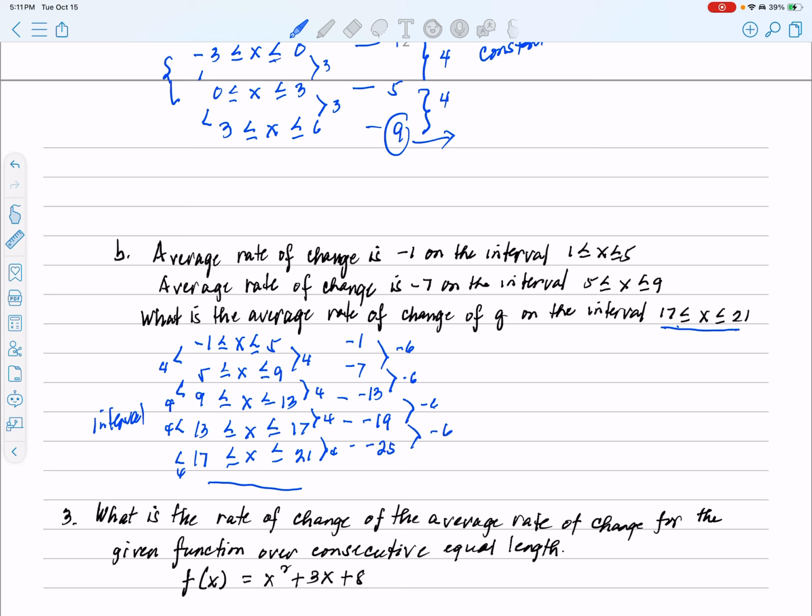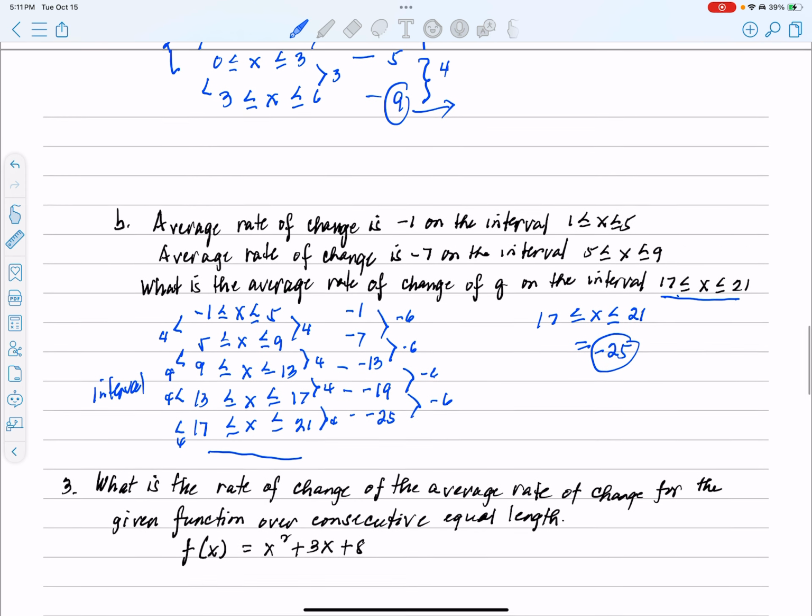So in other words, the rate of change for the interval of 17 to 21 is equal to -25. We're just looking at the pattern and looking at the difference, until you come up with a constant difference.